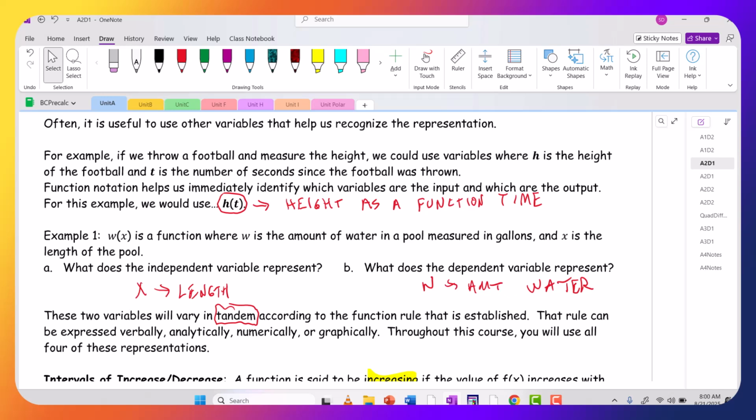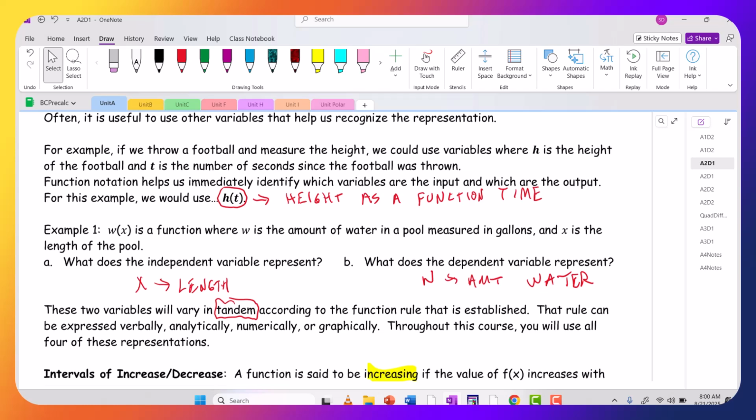Did you hear that? So the height of the ball depends upon the time. Time is independent. I can look at it at 1, 2, 3, 4, 5 seconds, but the height is the dependent variable. It depends when I look at it how high the ball is. Does that make sense? Okay, so input, output, there's a sentence of a function.